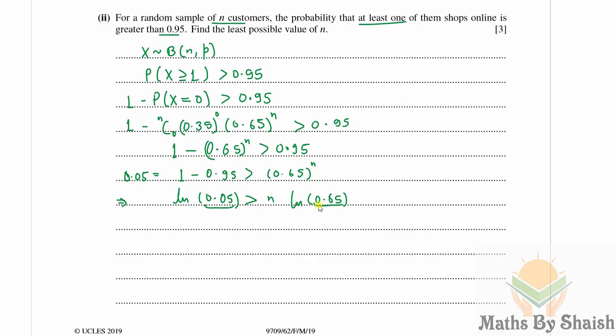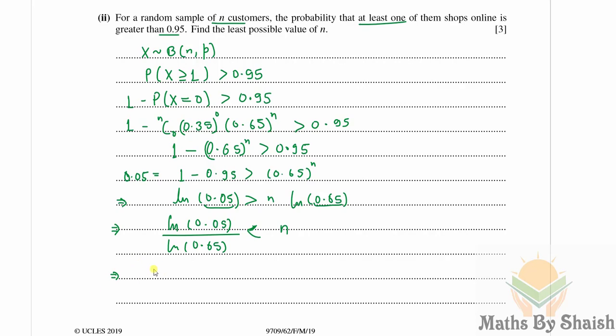So if I divide this whole inequality by ln of 0.65, the inequality will be interchanged. So it is ln of 0.05 divided by ln of 0.65, and this inequality will become n greater than this value, which we will calculate from the calculator.